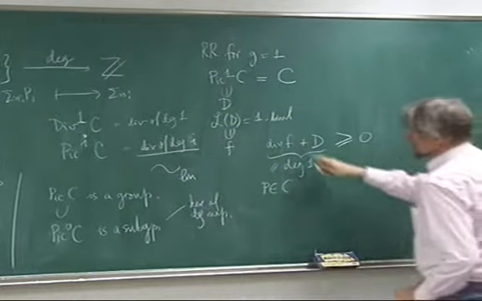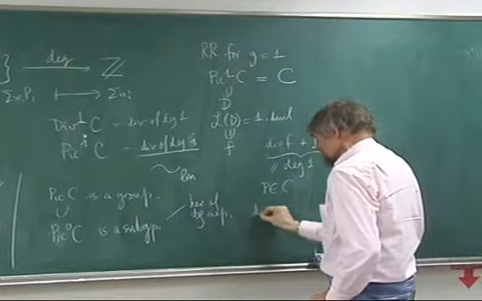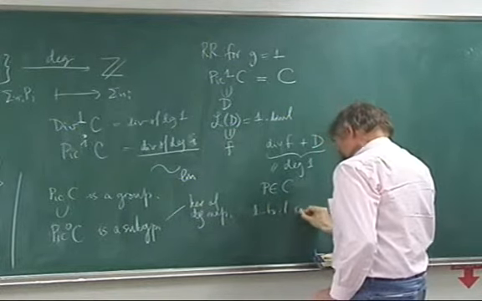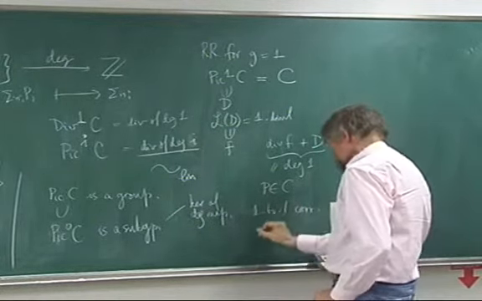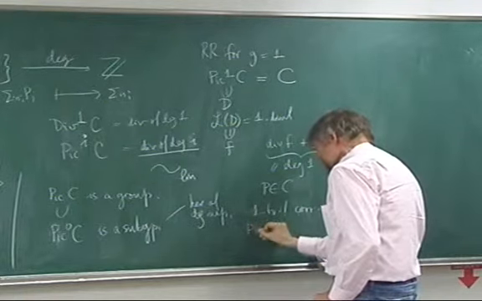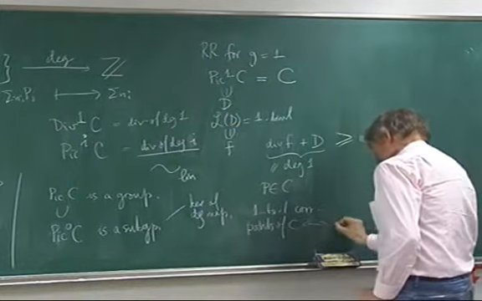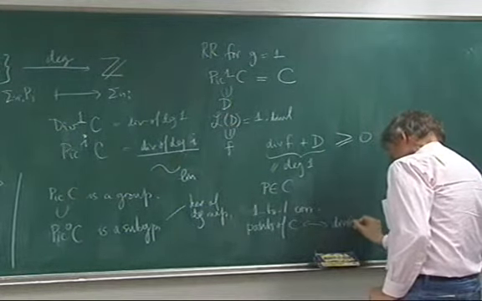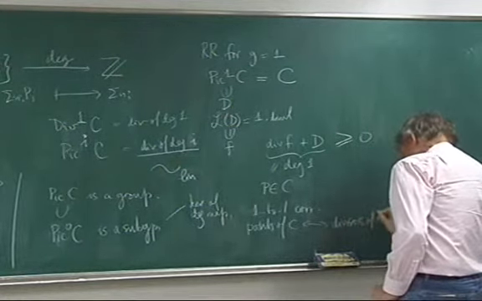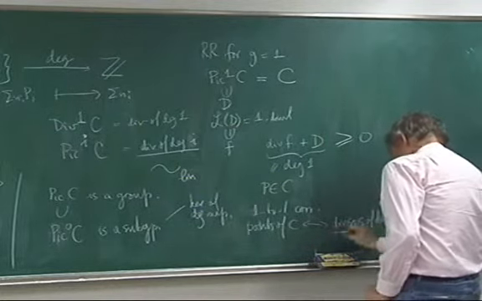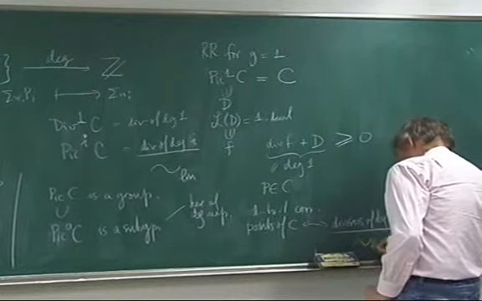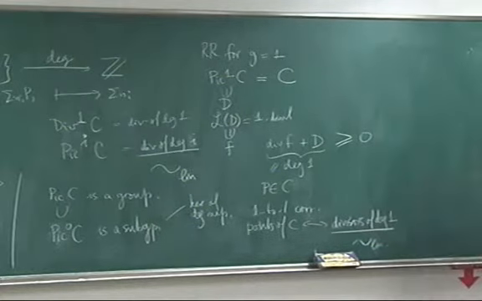So in other words, there's a one-to-one correspondence from points of C to divisors of degree 1 up to linear equivalence. Okay.